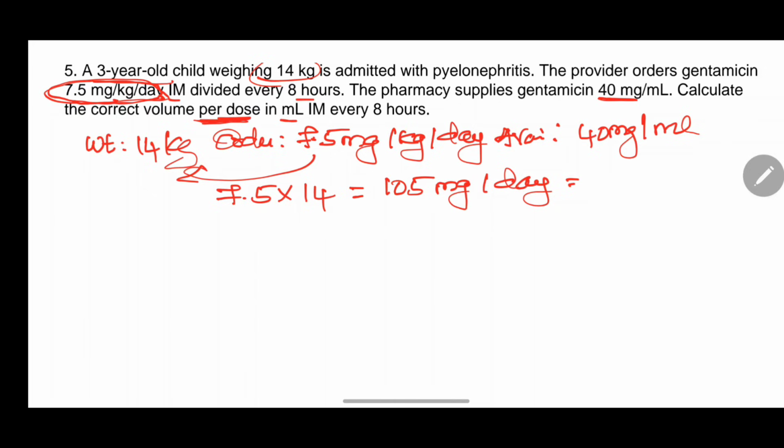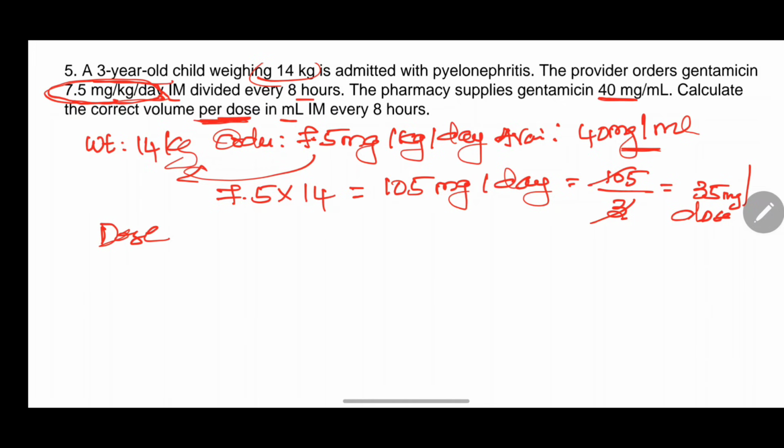So 3 doses we have to give. So 105 divided by 3 is 35 milligram per dose. Now the order is 35 milligram only, that you have to remember. Next, the available is 40 milligram per ml. Now let's put it into the formula, dose by concentration.